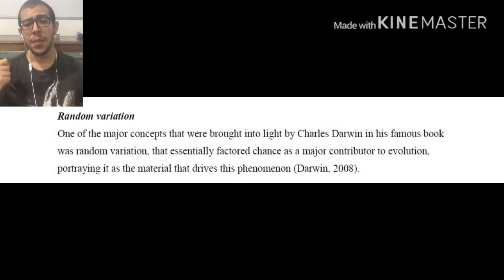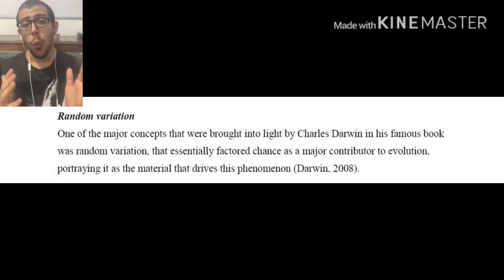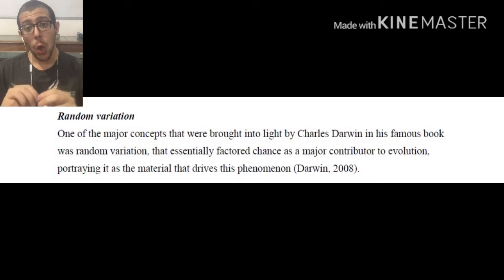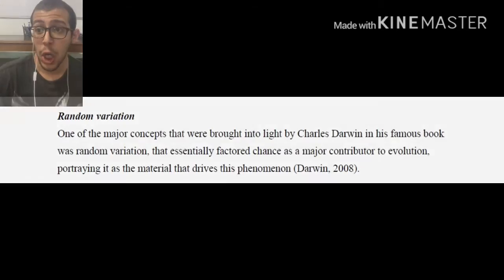Now this is one of the major things that Charles Darwin actually got wrong, because while we have a notable, I want to use that word very carefully, even though we have some notable changes that can happen due to chance alone, there are other major contributors that we're going to be discussing in later videos that are going to be more important and are going to be altering our genome in significant ways. And these happen actually at a much faster pace, and they are going to be resulting in an evolution at a much faster pace in comparison to random variation alone.